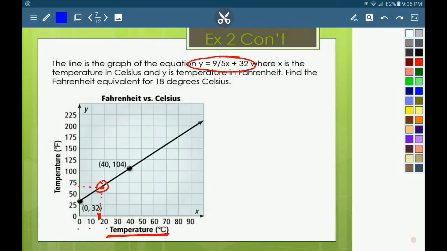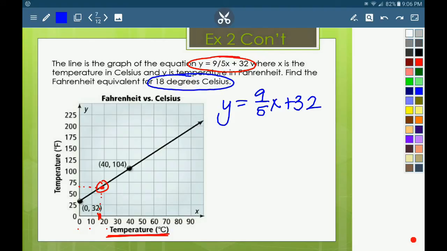So let's take our equation, y equals 9/5 x plus 32, and we're going to plug in 18 degrees Celsius into the variable that stands for Celsius, which would be x. The x-axis has Celsius on it. So I'm going to plug in 18 for the x value in my equation to figure out what the Fahrenheit value is, which is y.